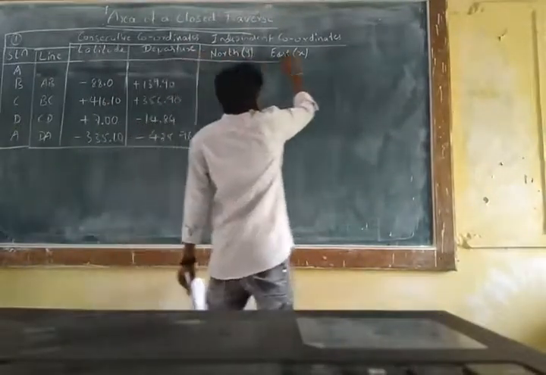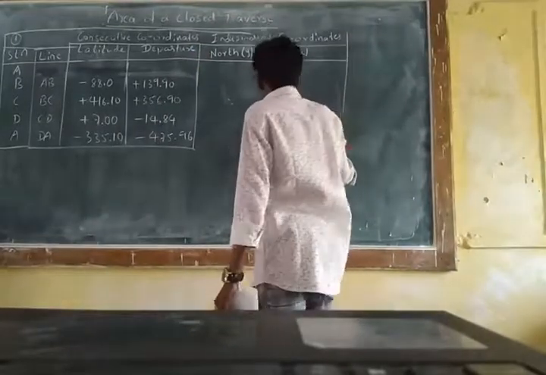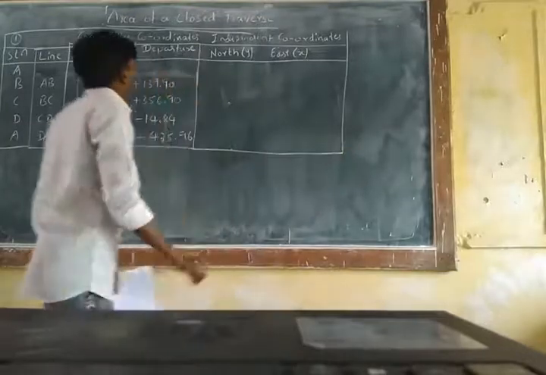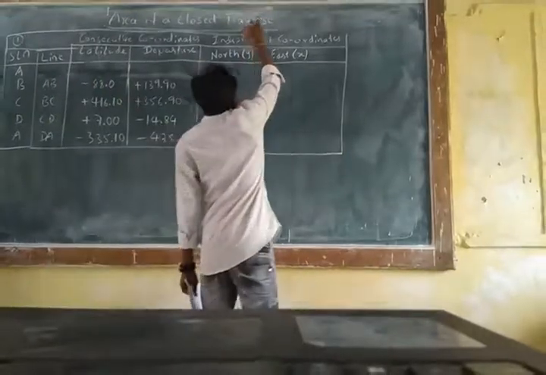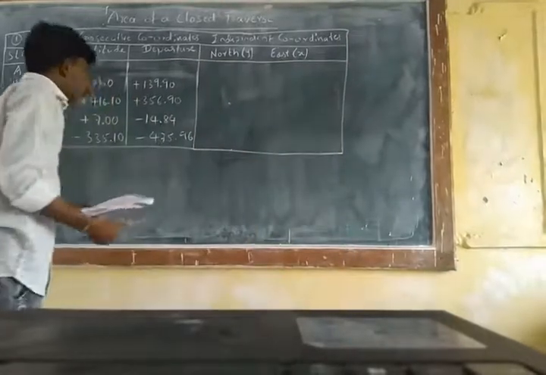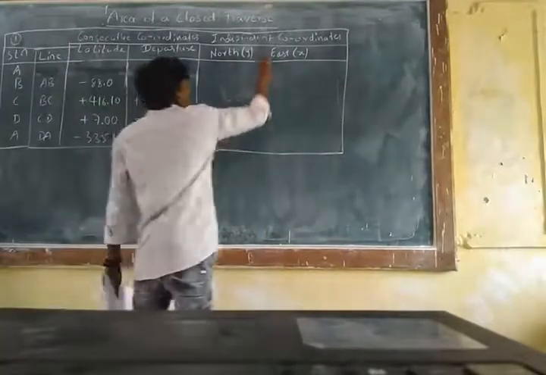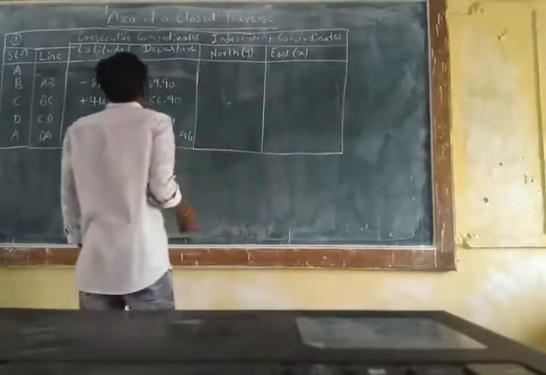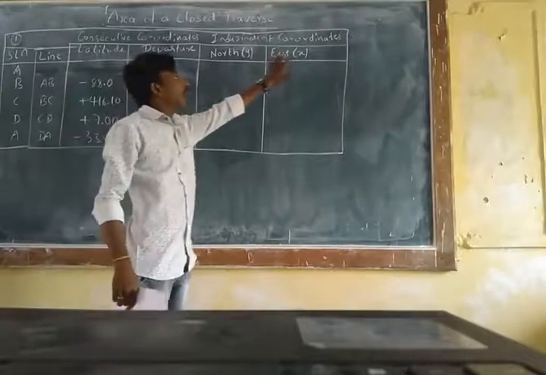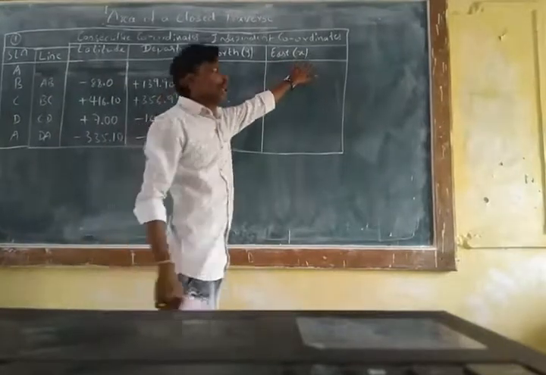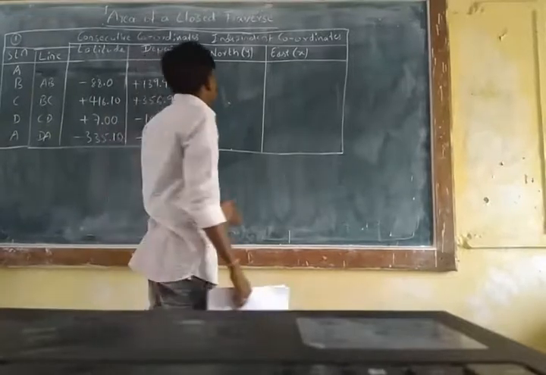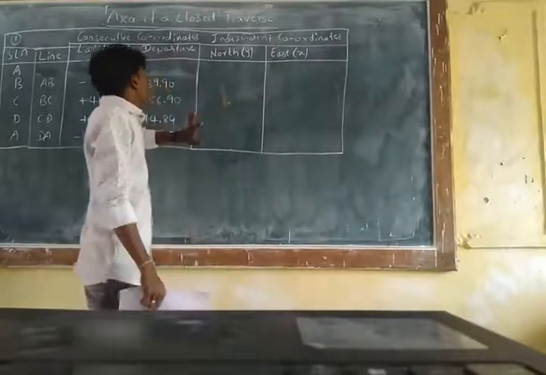Now let's calculate the coordinates. This is the important part here. We always have to assume the first arbitrary independent coordinates for the north and also the east. If they have given it in the question, there is no worry, we can use the same from the question.